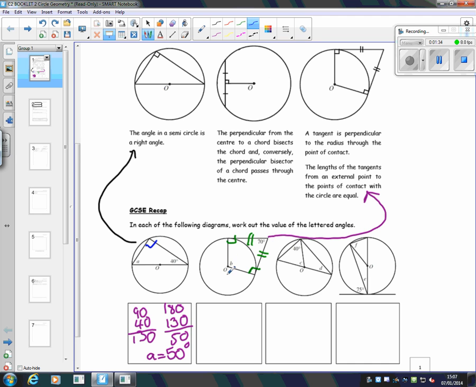We've got a quadrilateral, a four-sided shape, so we know that the angles are going to add up to 360 degrees.